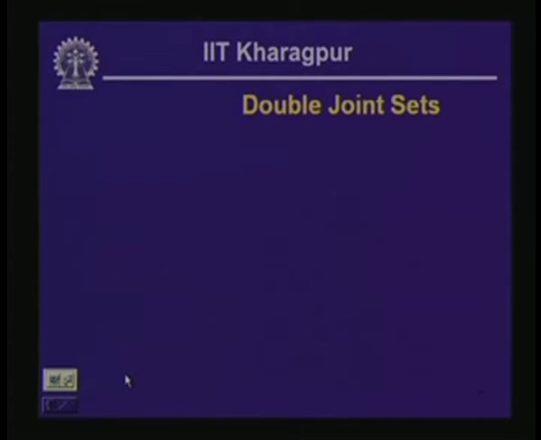Okay. Then we also have to look at the joint sets, how the joint sets are oriented with respect to the alignment of the tunnel. If you recall, joint sets are essentially cracks in the rock mass.